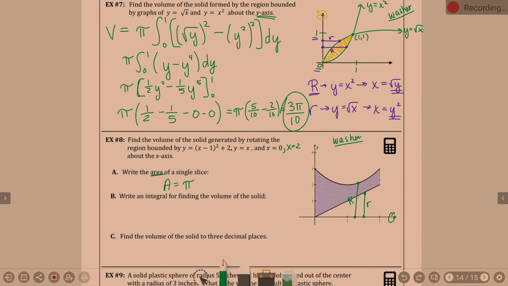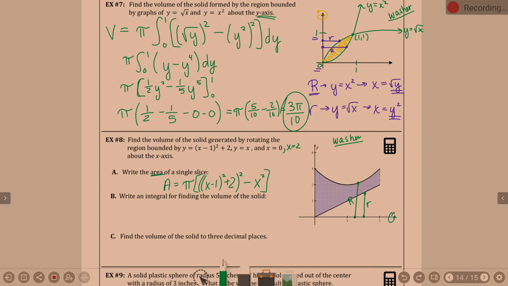Now, with that in mind, set up this equation. It's going to be pi, because we're trying to find the area of that washer, so to speak, right? Big R squared, which is going to be, let's see, I'm going to have to do parentheses, and then parentheses, (x minus 1) squared plus 2, and I'm going to need the second set of parentheses, minus, then it's little r squared, which is just x squared.